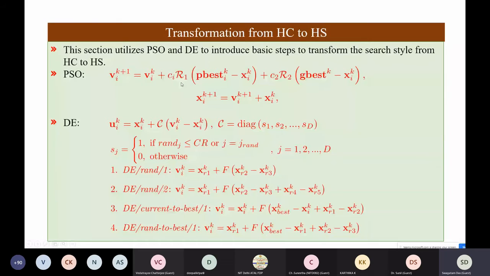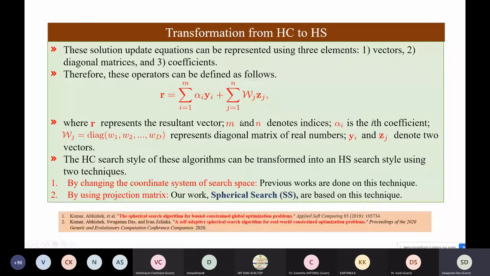This is a single expression for the two equations, where R is the resultant vector, M and N denote indices. Alpha i is the ith coefficient. Wj is the diagonal matrix of real numbers, and Zj denotes the two vectors. Two vectors means two perturbation vectors used inside the perturbation term.